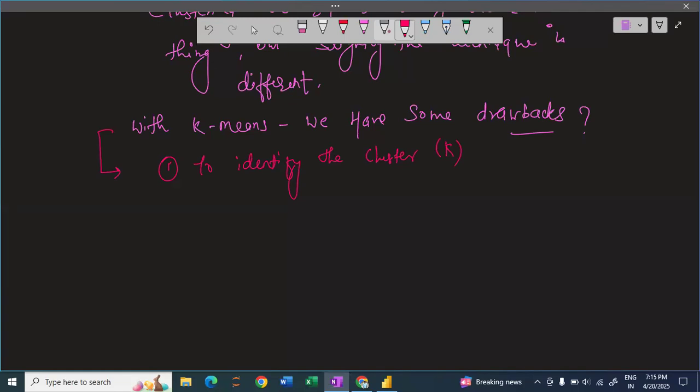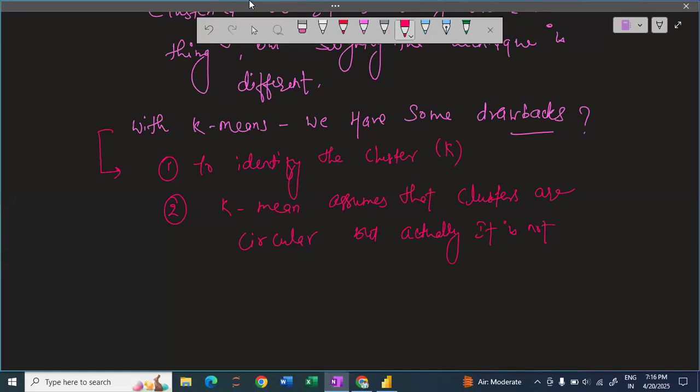The second problem is that K-means assumes that clusters are circular, but actually they are not. So the main problem is to define the structure of the cluster.